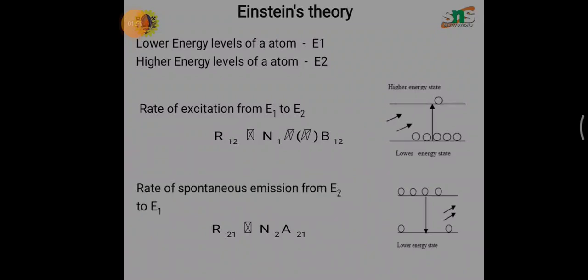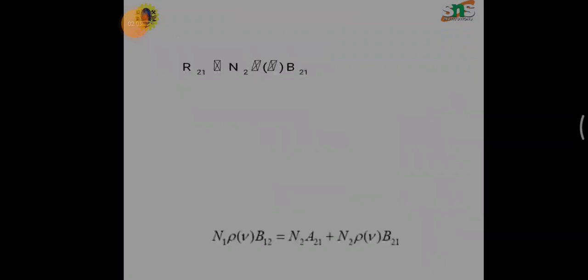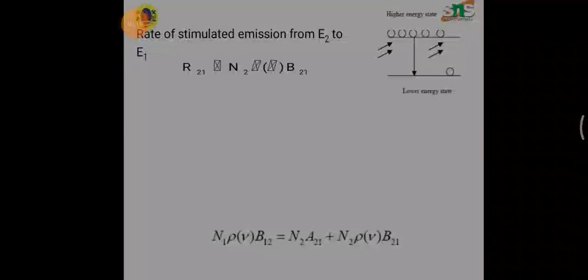The rate of spontaneous emission from E2 to E1 is proportional to N2, R21 equals N2 A21, and the rate of stimulated emission from E2 to E1 is N2 B21 rho nu. The atoms in the higher energy state return to the lower energy state and emit photons.